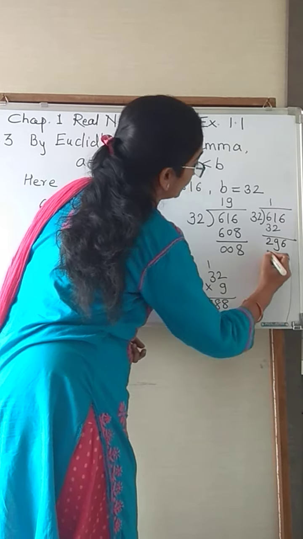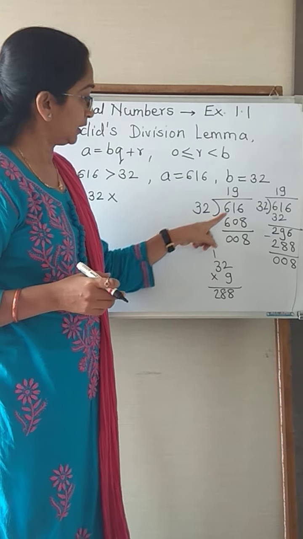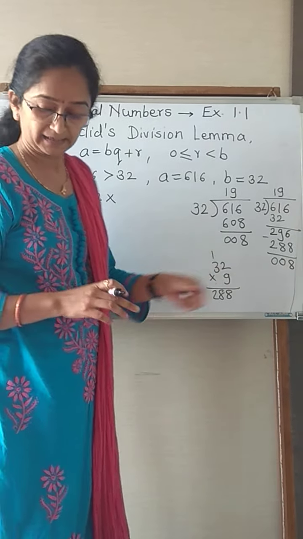So we will get the number as 288, subtract, so here 8 0 0. So here we will get 19 as the quotient, and we can write this 19 quotient directly here to get the number 608, where we will get the remainder as 8.